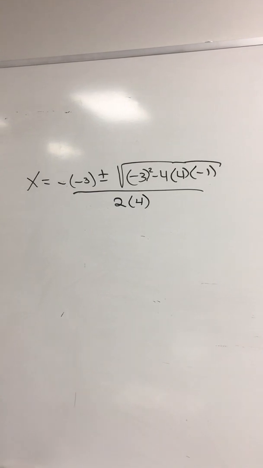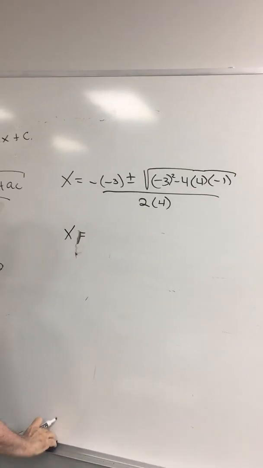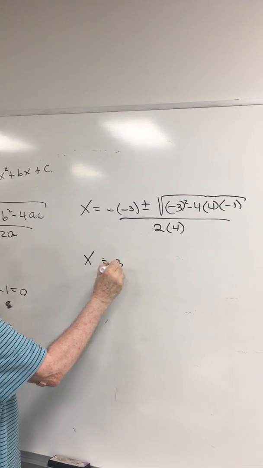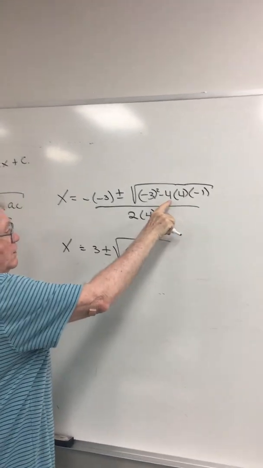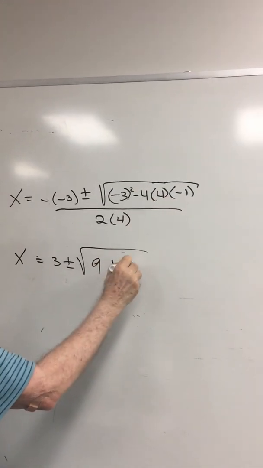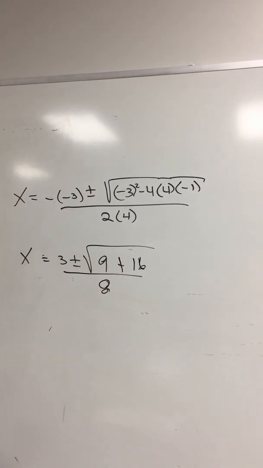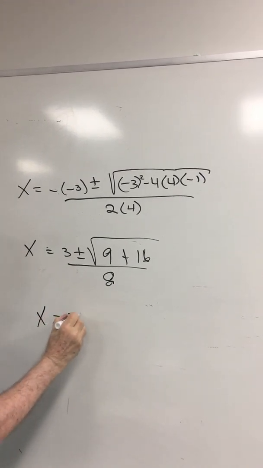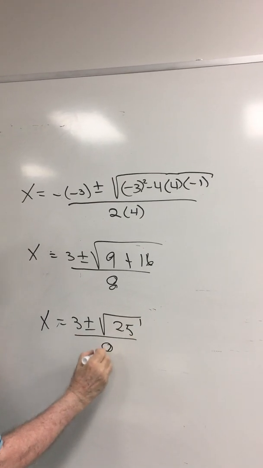Now, the negative of a negative 3 is a positive 3. Three squared is 9. 4 times 4 is 16. Minus times minus is plus. And 2 times 4 is 8. Now 9 plus 16 is 25, divided by 8.